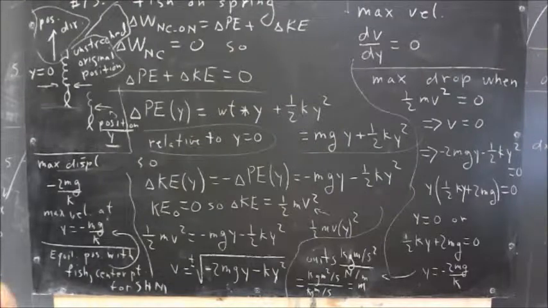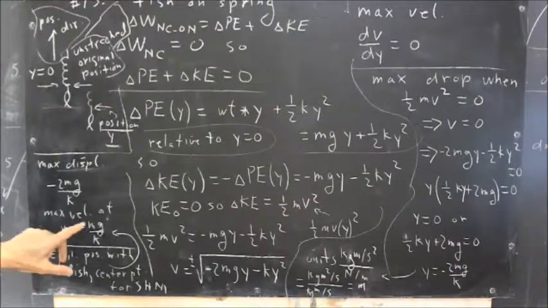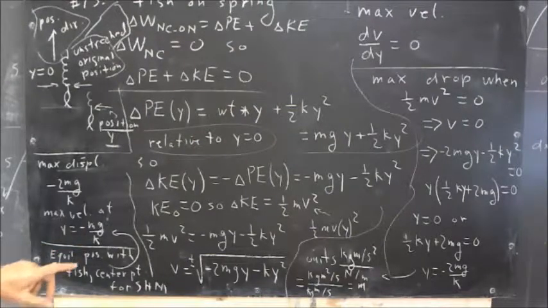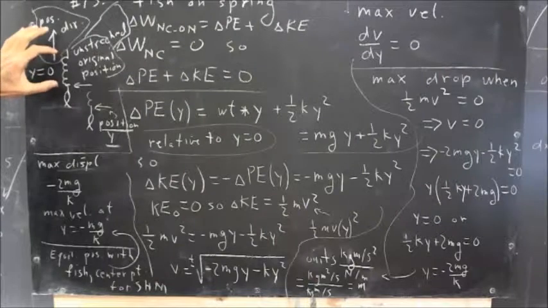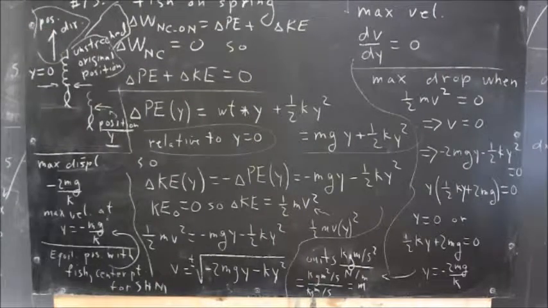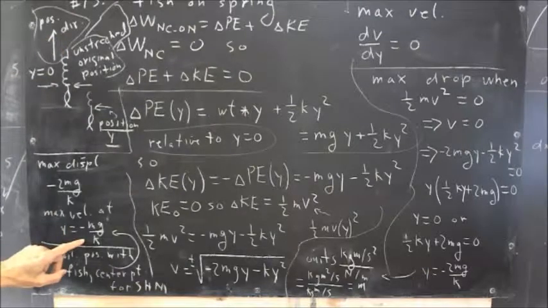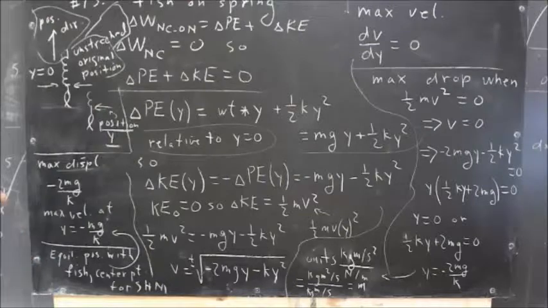You should be aware that this maximum velocity coincides with the new equilibrium position of the system. Once you add the fish, the spring is no longer at its original equilibrium position. The equilibrium position of the spring and fish is going to be at this point. That's the point at which the net force on the fish is going to be 0.